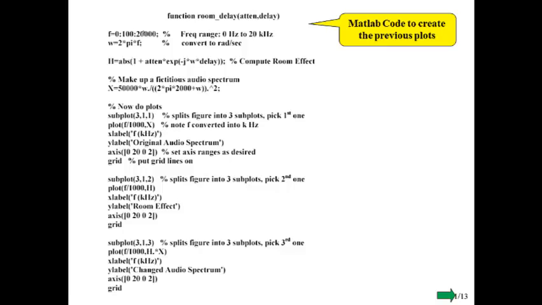Here I'm creating a range of frequencies, converting it into omega to work directly with the equation. Here's my made-up fictitious audio spectrum. I just played around with some equations in MATLAB until I got a shape that looked kind of like what I wanted, and then I'm plotting that. Here's where I create my H, and technically this is already the magnitude because I'm doing the absolute value of that.